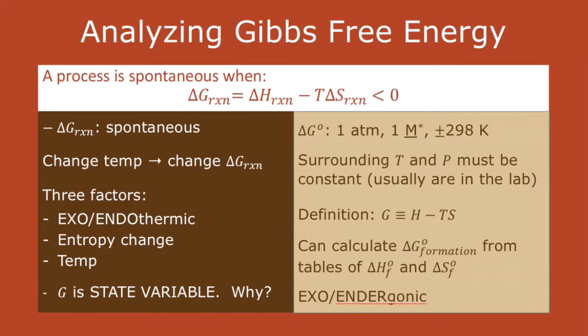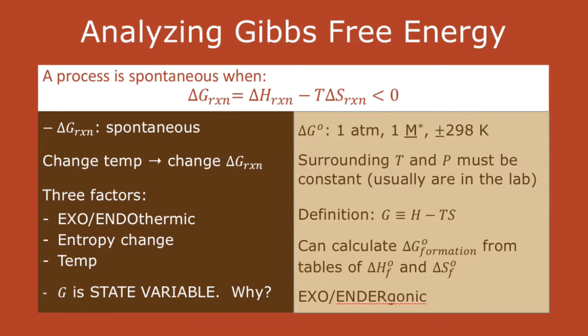I just want you to note that in real life, we usually don't use concentrations of exactly 1 molar. 1 molar is pretty concentrated actually for a lot of things. So we actually have an adjustment to find the actual delta G from the concentrations that we do have and the standard delta G naught. And we'll cover that much more in the equilibrium unit.